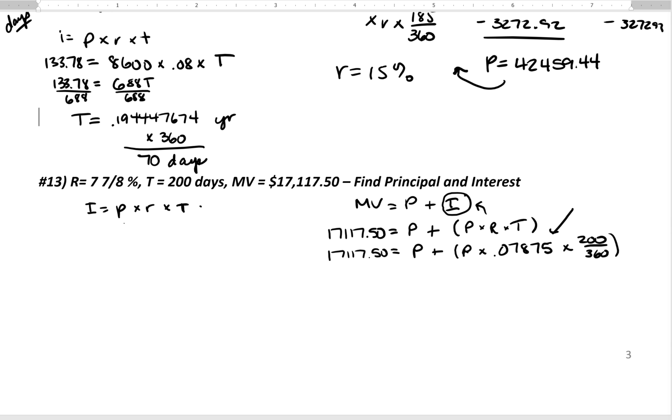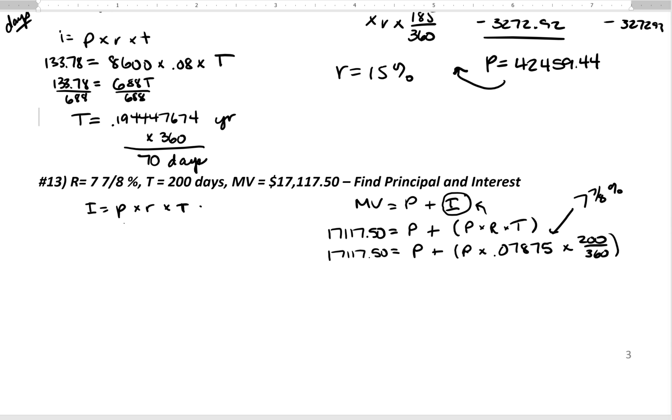The 0.07875, that is 7 7/8%. 7% would be the 0.07. 7/8, if you do 7 divided by 8, that is 0.875. So if we are converting that to decimal, we are going to move over 2 more places, and that's where we get the 0.07875 from.